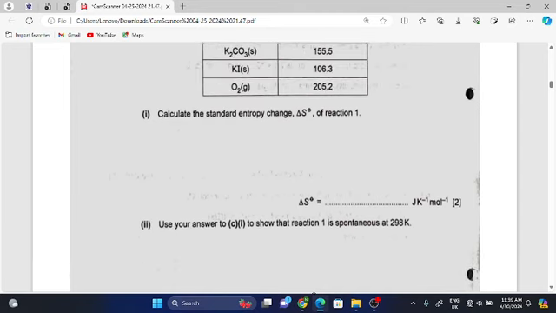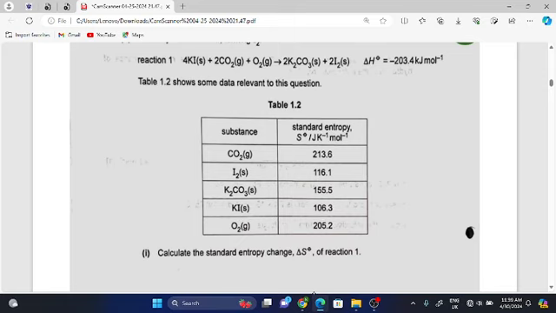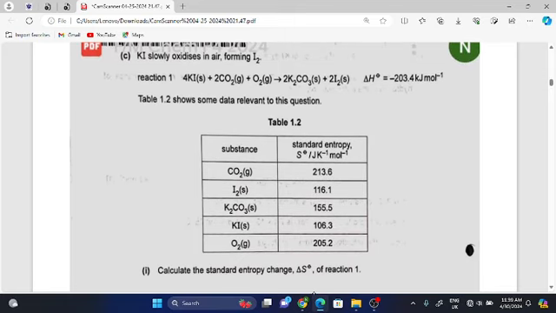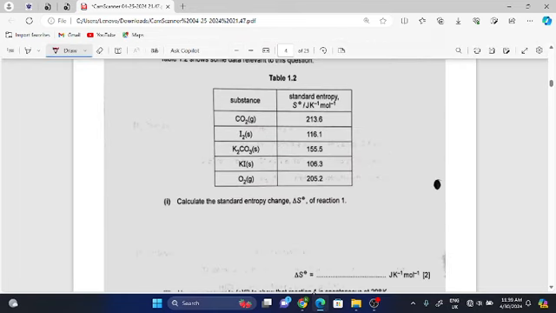Next, a table is given to you along with the ionic equation. You have to calculate the standard entropy change for reaction 1. So first of all, write down the equation for the entropy. Entropy change is always written as entropy of the products minus the reactants. So simply you have to put each value into the formula.